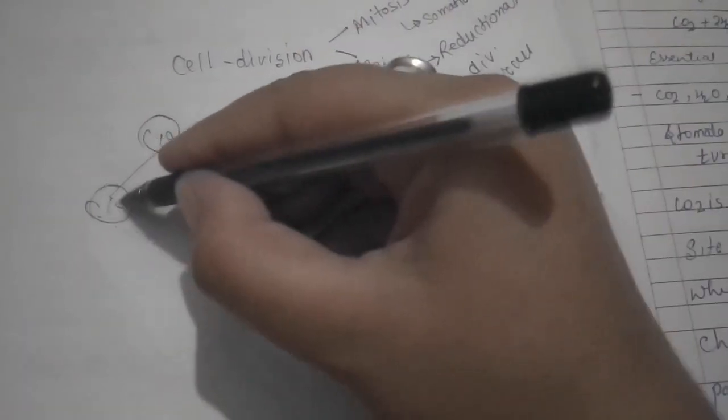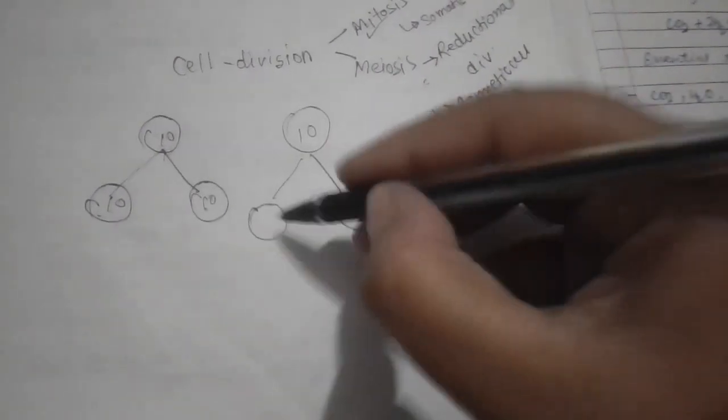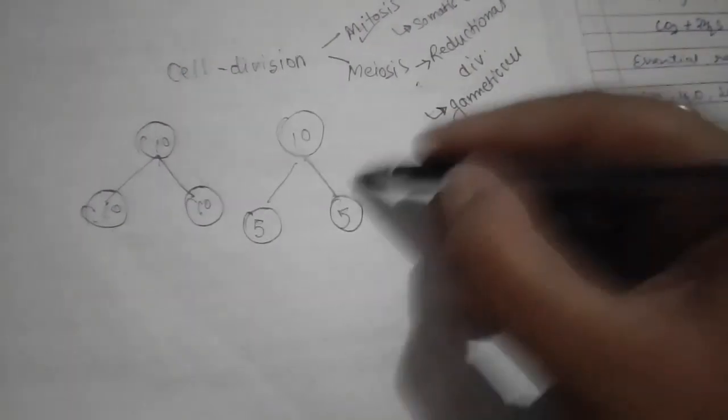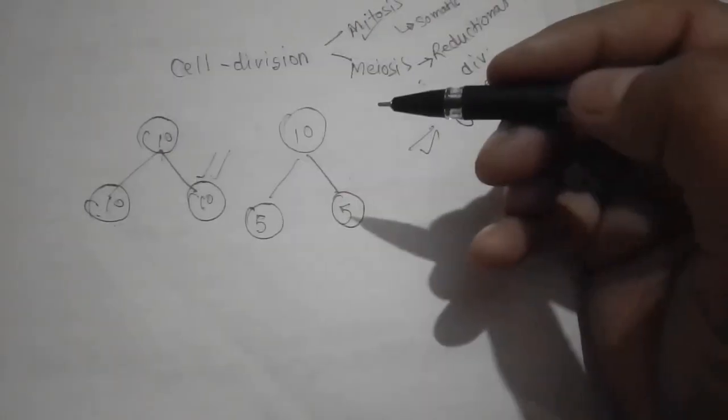It is divided to form two cells, and each cell has the same number of chromosomes. That is the case of mitosis. And in case of meiosis, if the number of chromosomes is 10, it is going to give rise to two daughter cells, and each daughter cell has 5 chromosomes. That happens in the gametic condition, and the other happens in the somatic condition, right?